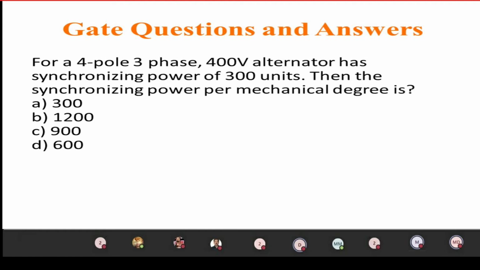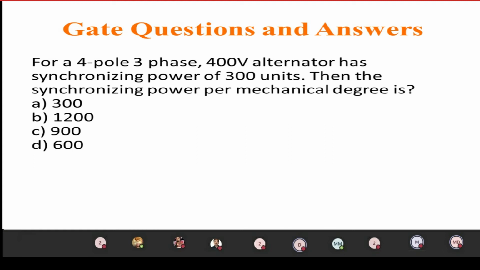So we have four poles, three phases, and a synchronizing power of 300. Let me take the mechanical power.